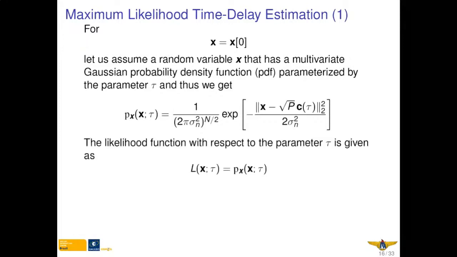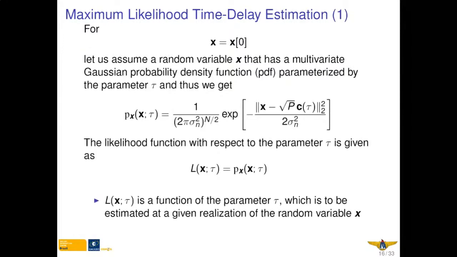The likelihood function with respect to the parameter tau is given as follows, so the likelihood is equivalent to the PDF. The likelihood is a function of the parameter tau, which is to be estimated, at a given realization of the random vector x. The realization in our case is our received signal.